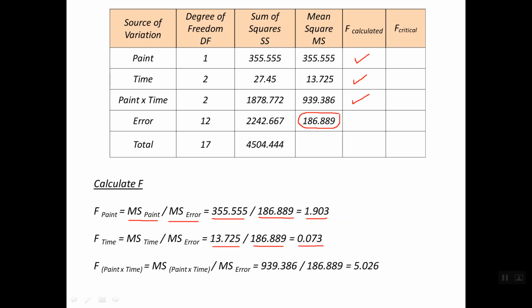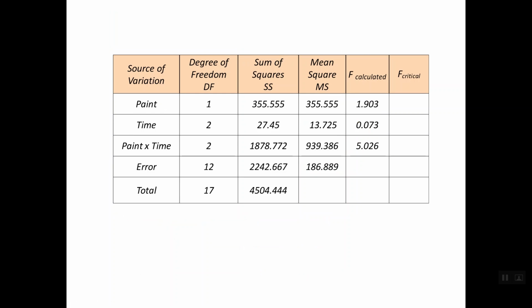And finally, for the interaction, this is the mean square for the interaction, and this is the mean square for the error, and this is the last calculated value for the interaction. So we can fill all of these calculated values in the two-way ANOVA table.